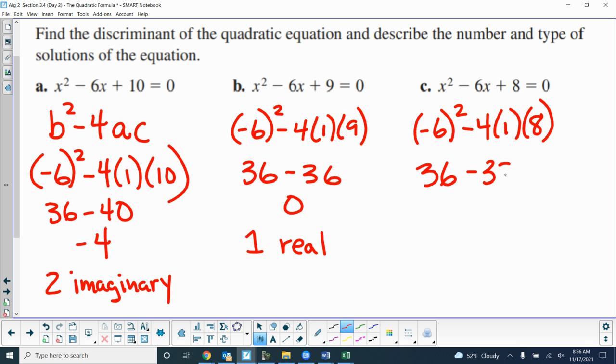This is minus 32, so we get 4. So what do we say about that? Two real. So that's all the extra you have to do today compared to yesterday, which isn't quite as much as yesterday, is it? Does this make sense? Yeah, we're good. I think that's all it is today.